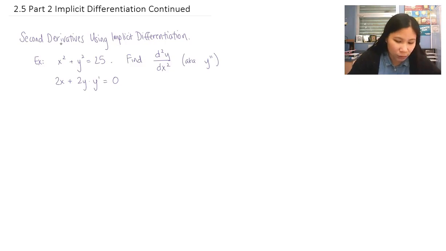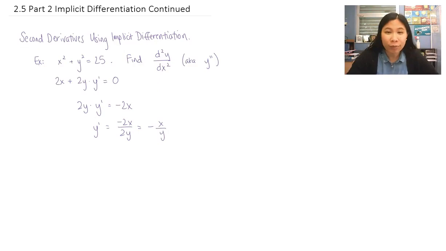But remember, our goal was to get y prime by itself, so I've got to move some stuff around. I'm going to subtract 2x on both sides, and then divide both sides by 2y. That way I'll get y prime by itself. Simplifying that out, I end up with the first derivative of negative x over y.